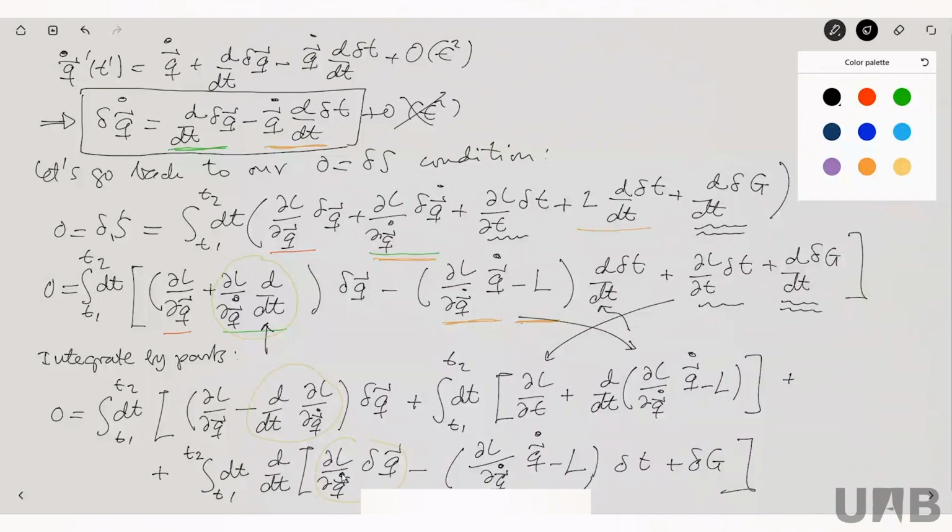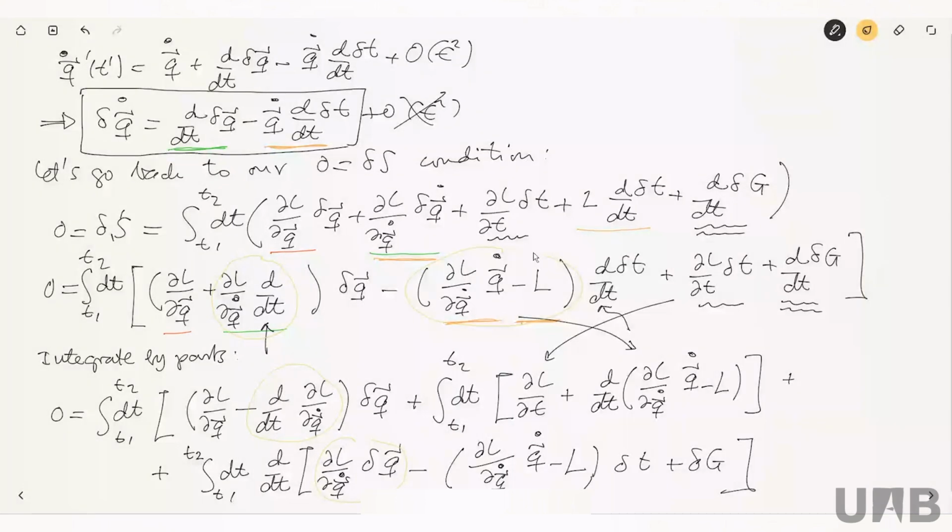And then there will be another term, which is dL/dq dot times the derivative with respect to time of delta q, but that's what I had here. You see? Yes. Okay, and the same for this one. This one equals this one plus this one.